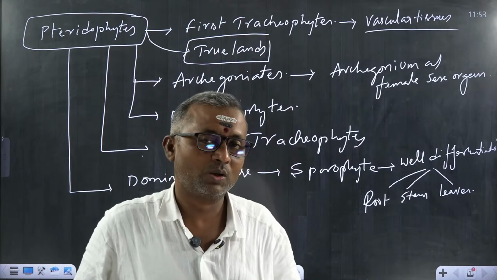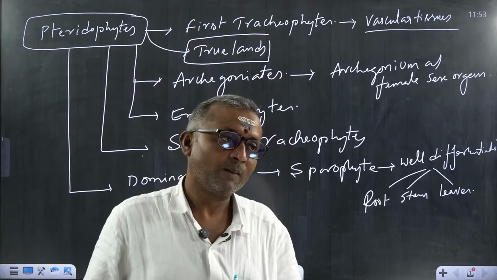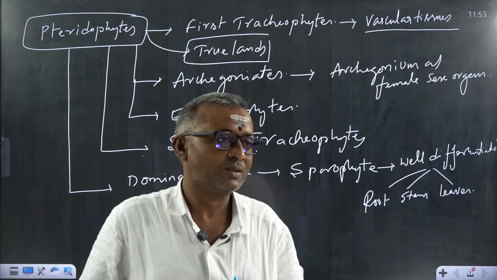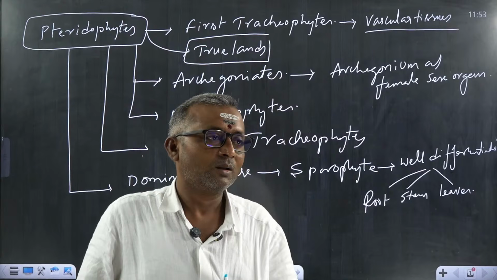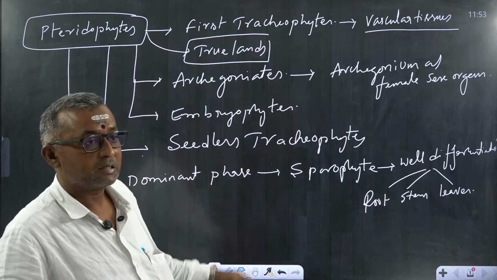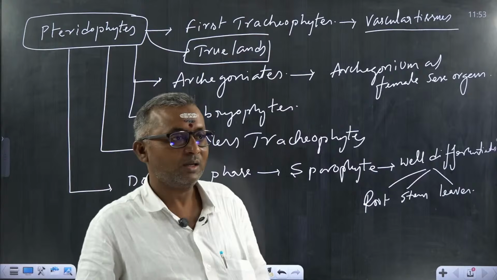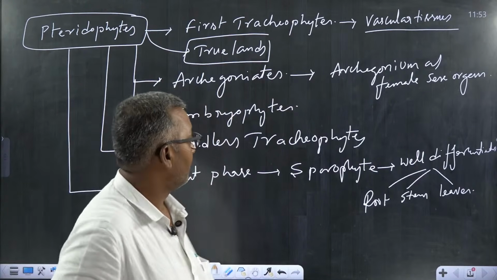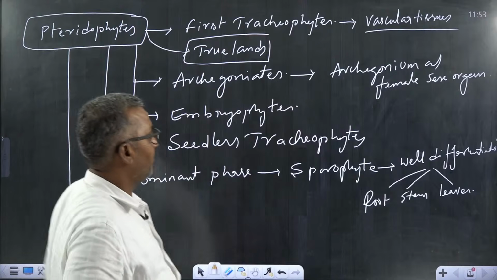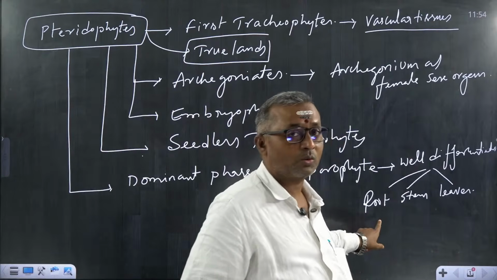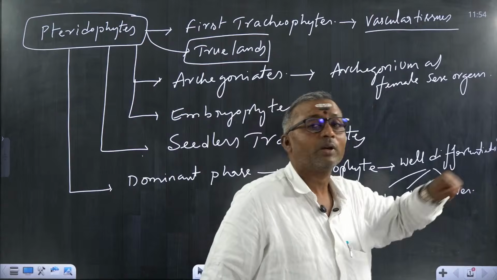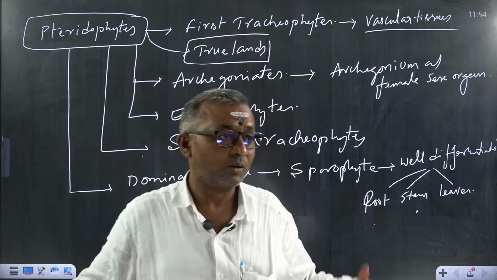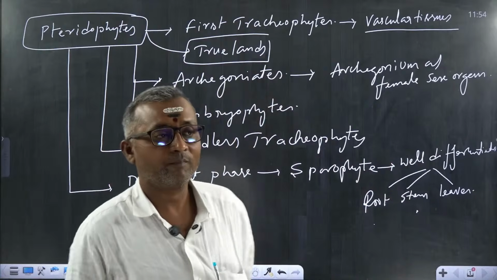I mean true root, true stem, true leaf organization. Say yes or no. So there is no such organization in bryophytes. That's good. Whereas in pteridophytes, the body is well differentiated into true root, true stem and true leaf. This is the sporophyte. You can find root, stem and leaf in the body.